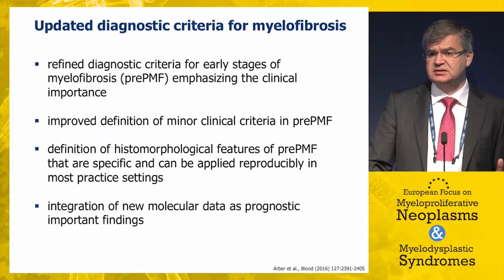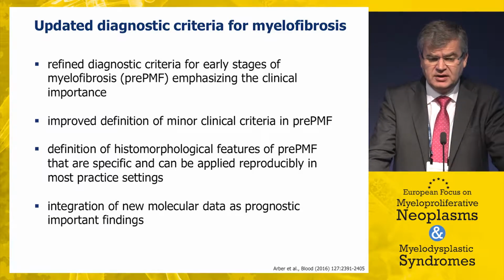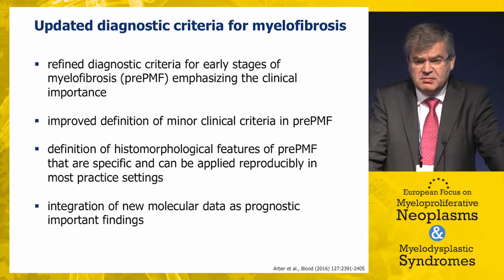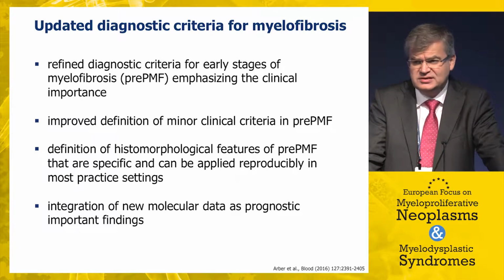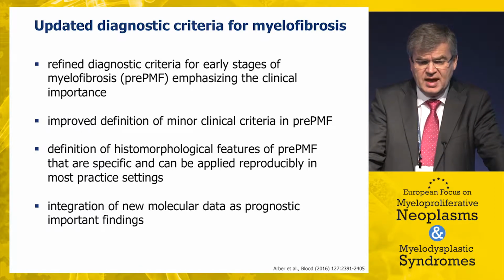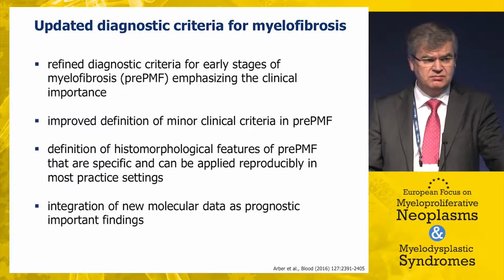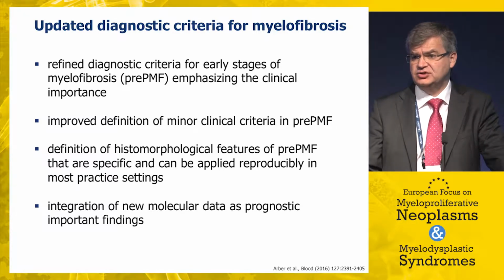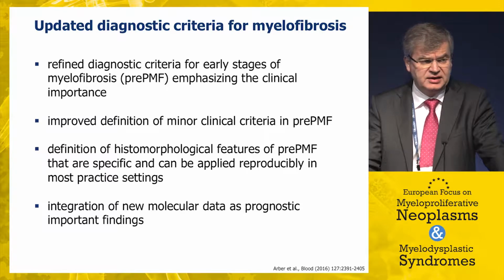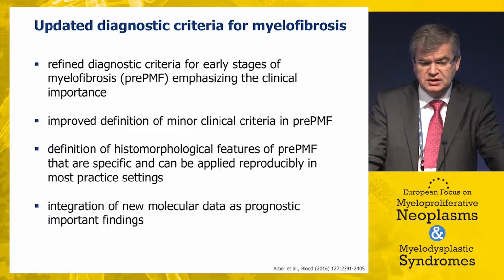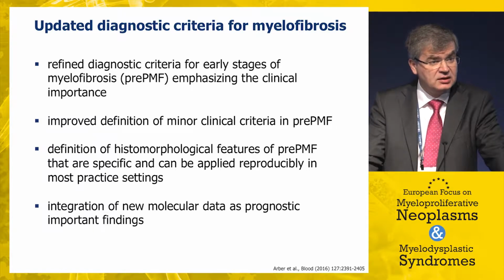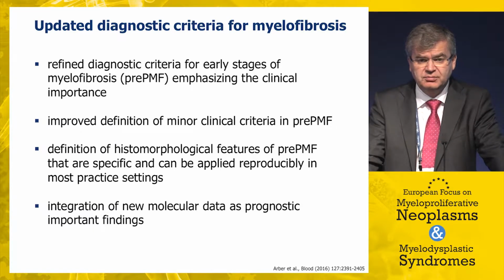So what are the updated diagnostic criteria for myelofibrosis? Indeed, the major issue is to refine the diagnostic criteria for early stages of the disease, emphasizing also the clinical importance to catch these early stages of myelofibrosis. And by this, there was a need for a better definition of the minor clinical criteria for the pre-PMF cases.